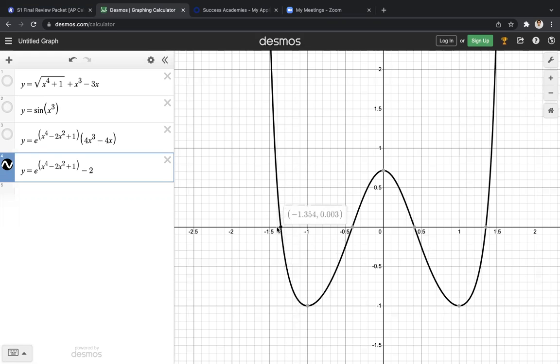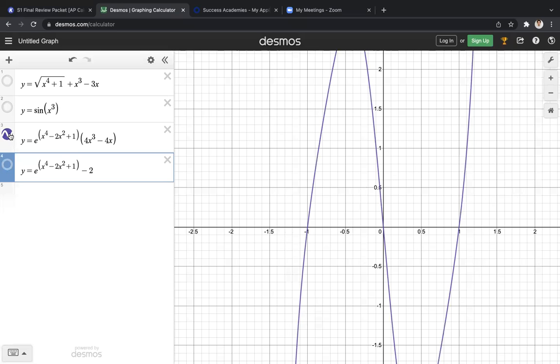So from negative 1.5 to -1, we've got a decreasing first derivative, so we're concave down. It's increasing all the way through here until we get to 0. And then from 0 all the way to 1, we are decreasing.